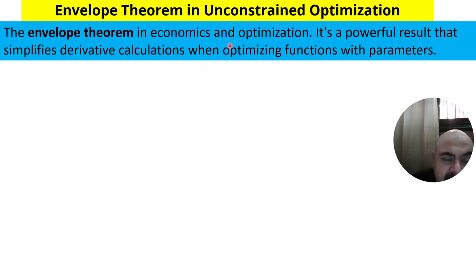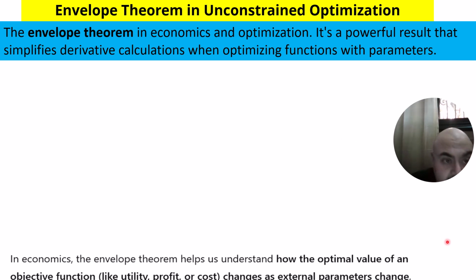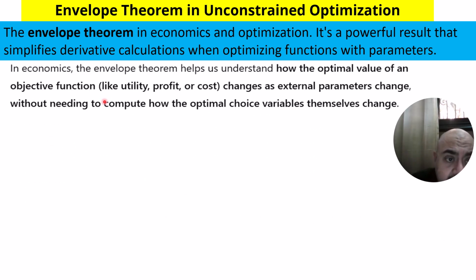The envelope theorem in economics and optimization is a powerful result that simplifies derivative calculations when optimizing functions with parameters that will change. In economics, the envelope theorem helps us understand how the optimal value of an objective function like utility, profit, cost changes as an external parameter changes.